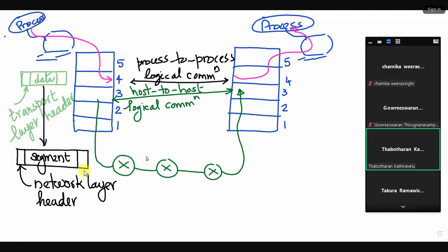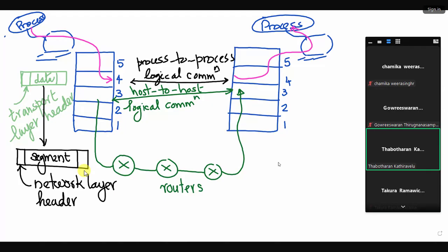And these intermediate routers all depend on these network layer headers.